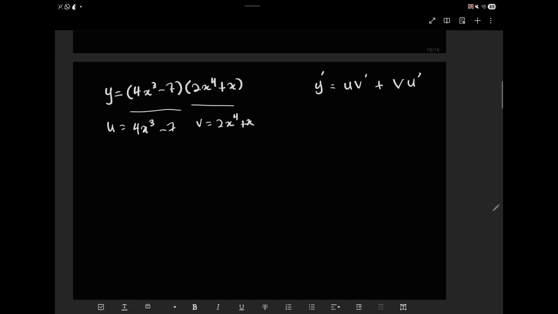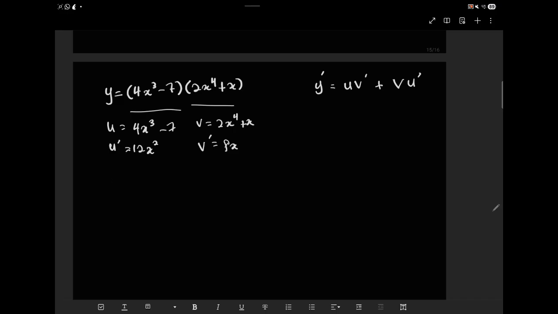The next thing to do is to look for the differentiation, the u prime and v prime. So u prime here is equal to 12x squared, and v prime here is equal to 8x, right? Now that we have these four functions, we can just input them in our formula.